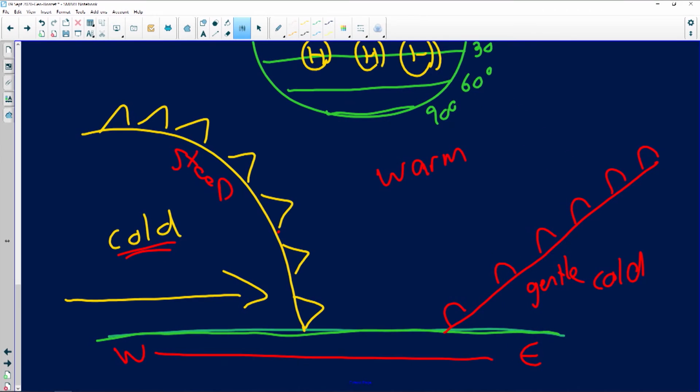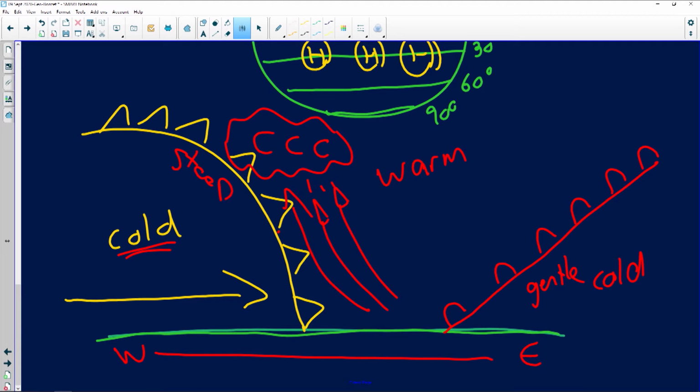It forces the warm air to rise. This warm air rises, cools, condenses, forms cumulonimbus clouds, and it rains. Nimbus means rain. And we experience rain where the cold front meets the warm air or forces the warm air to rise.